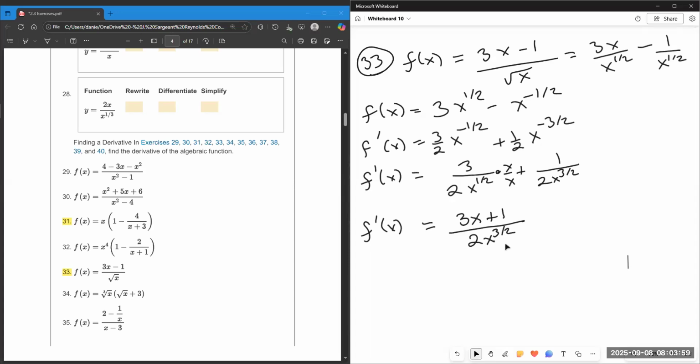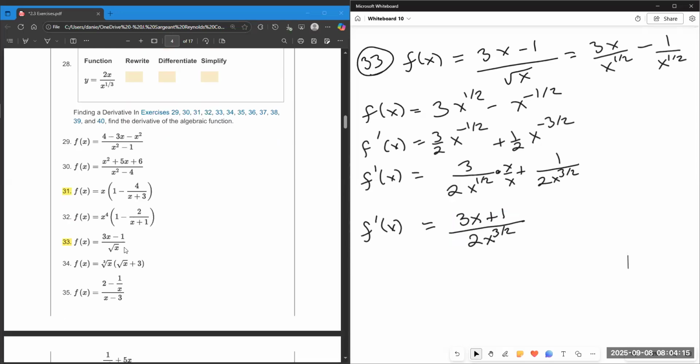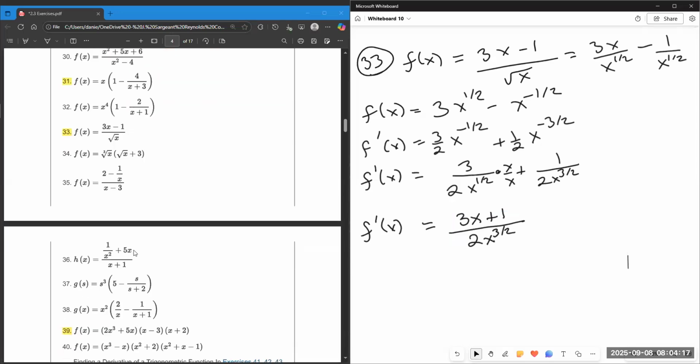Typically, when we end up with improper rational exponents like this, we like to leave them like that instead of writing it back as a root. So if you would like to rationalize the denominator and multiply everything by x to the 1/2, top and bottom, you can do that.